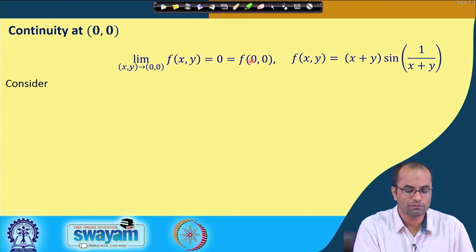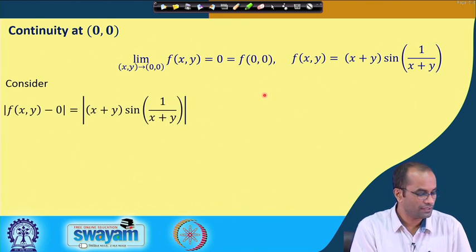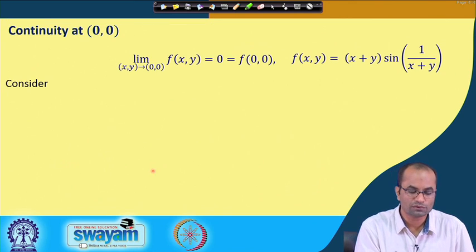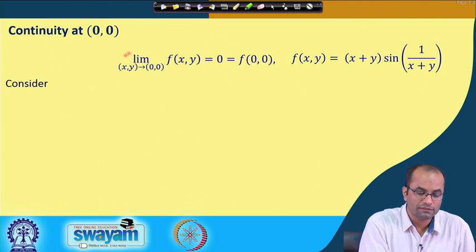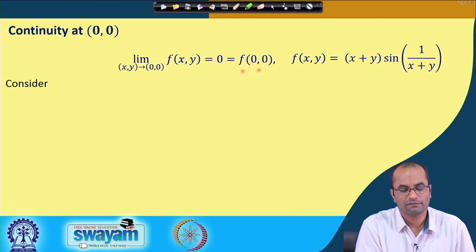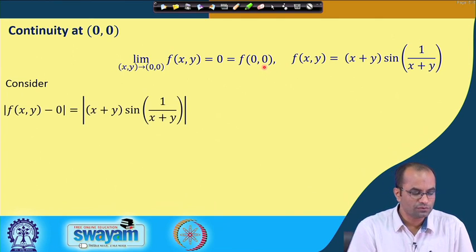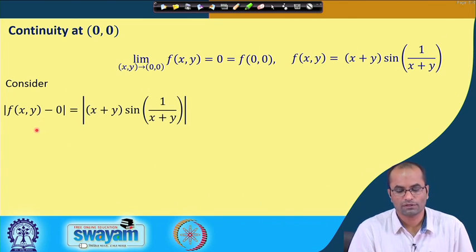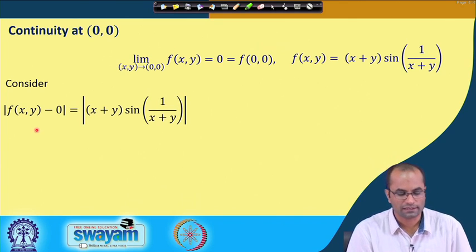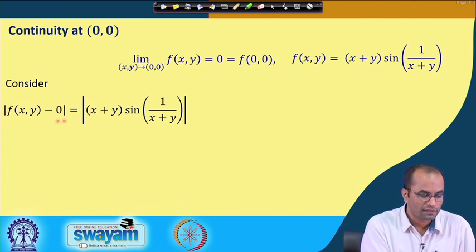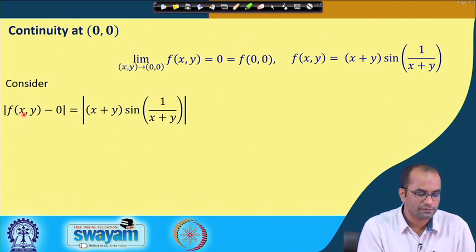This is because the function value we have seen is 0 at (0, 0). So, we will show that this limit is equal to the function value, then the function is continuous. We can use, for example, the delta epsilon definition, or we can also do directly as we have done in the previous lecture. So, let us just go through the standard epsilon delta definition.